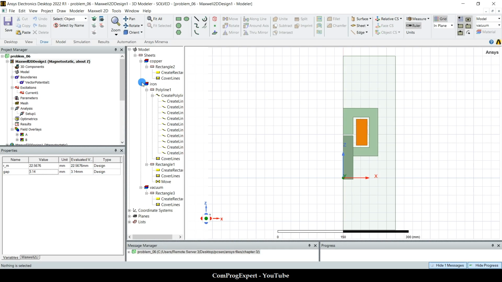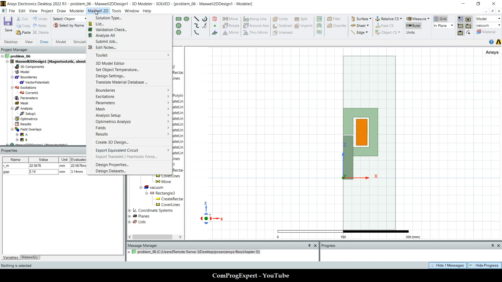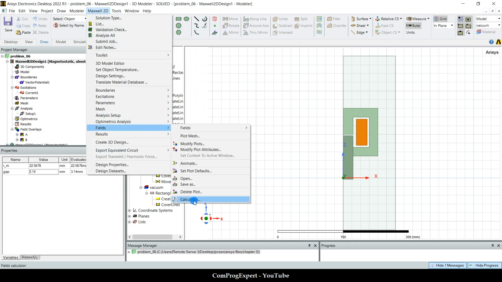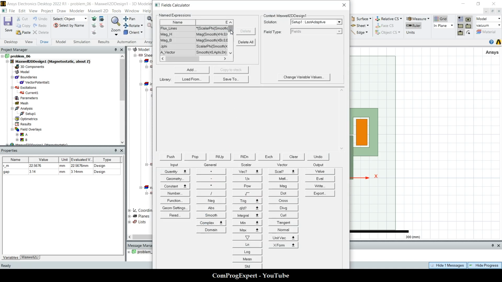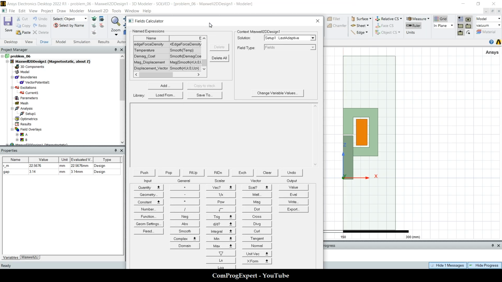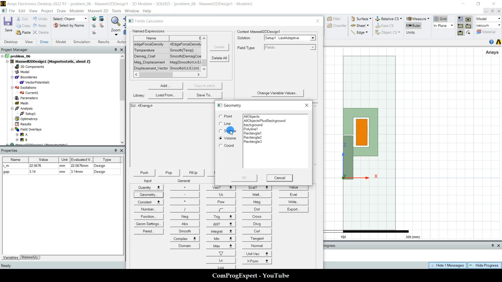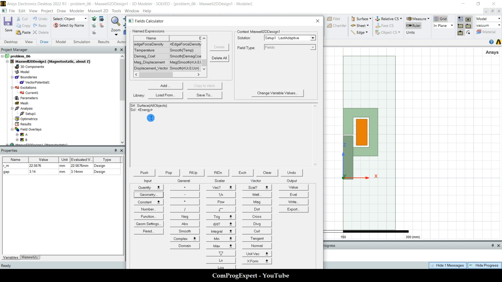Save. How can we calculate energy from Maxwell in the fields calculator? We can calculate the total energy for all surface objects. For all objects, the total energy, also the energy is stored in the iron parts and air, right?